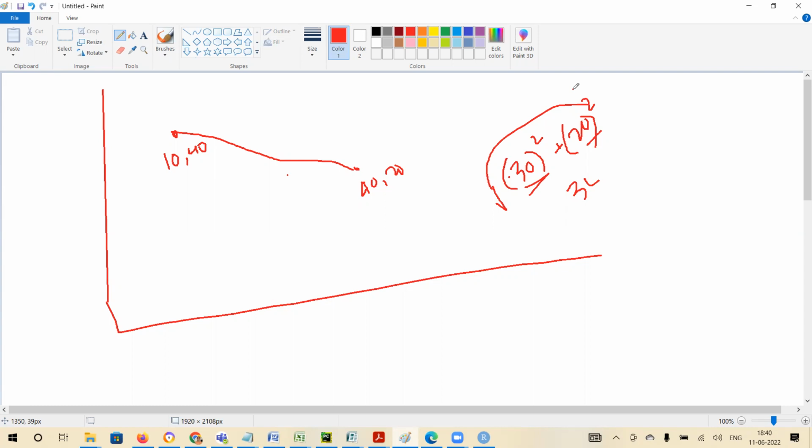Next question: metrics used in finding accuracy of K mean. How to find the accuracy in K mean? The elbow method.